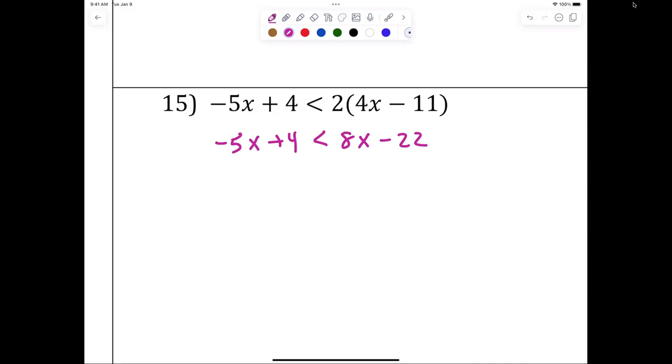If I move the 8x over, I get what? Negative 13x. Anybody got a problem with negative 13x? Now you throw the 4 over. What does that become? Negative 26. Whoever said negative 18, stop talking.